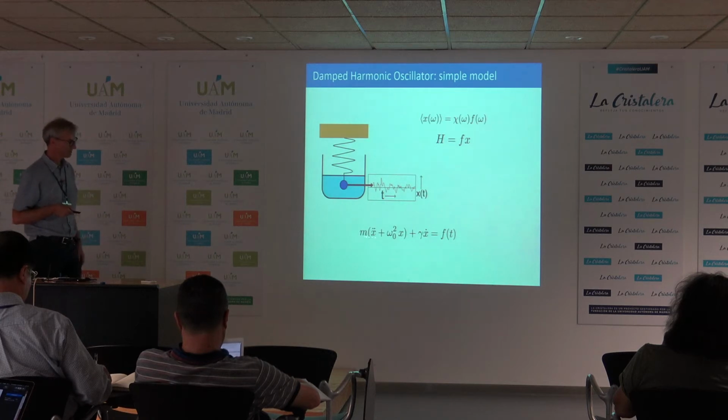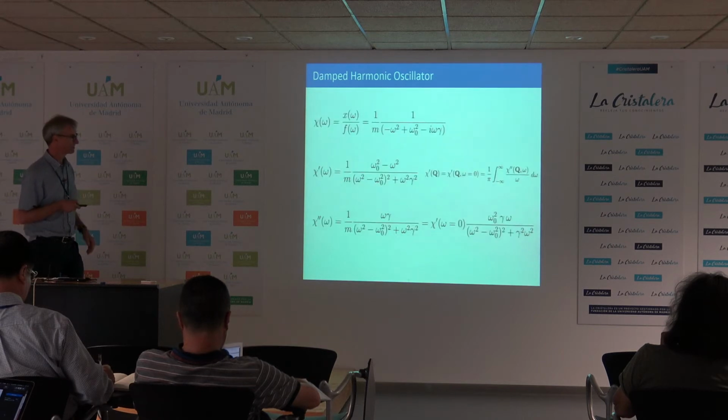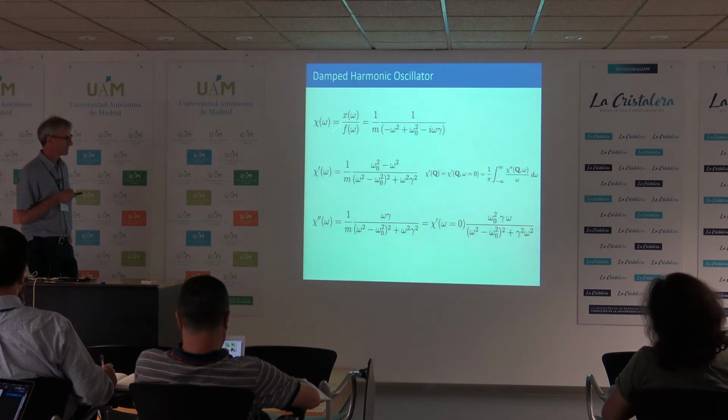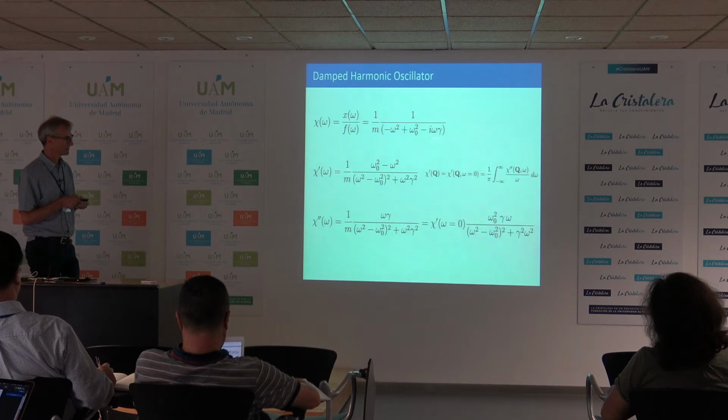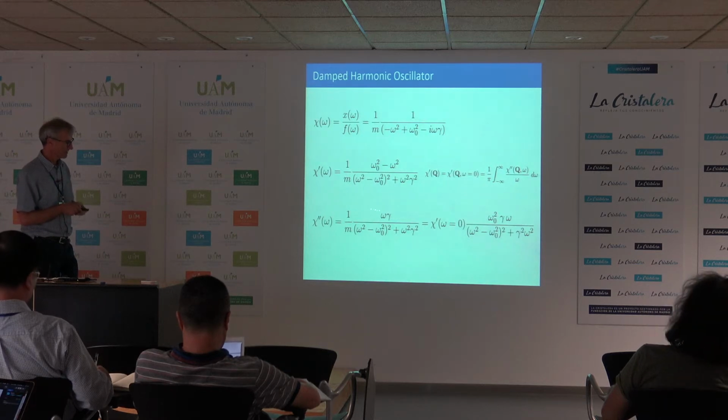Here we have the equation for it, and here are the response functions. This is the susceptibility for the damped harmonic oscillator, with the damping coefficient and the natural frequency omega naught. So this is the response function that's appropriate to thinking about an excitation in a solid.